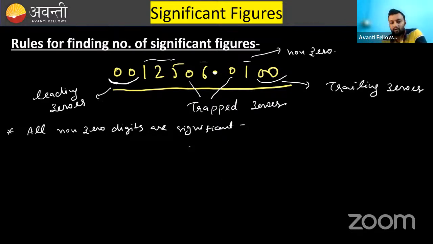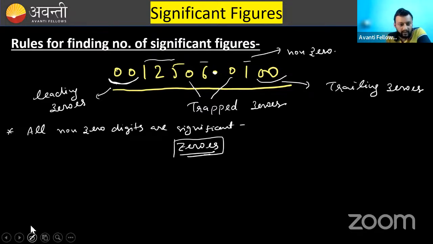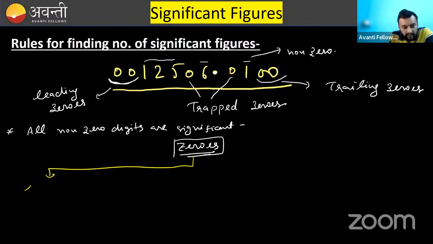Now let's talk about zeros. We have learned three types of zeros there. So the first statement is leading zeros are non-significant.